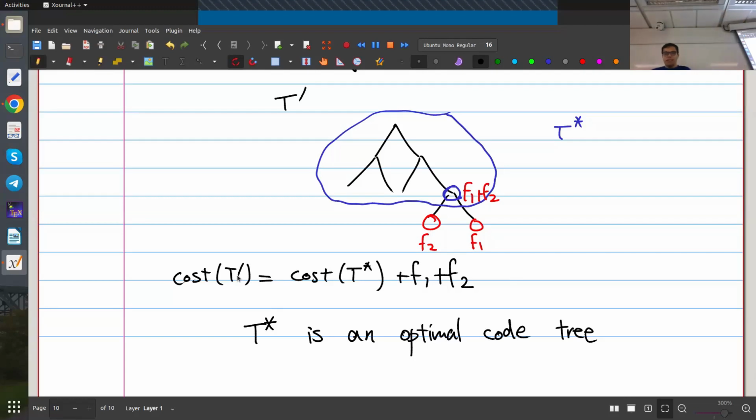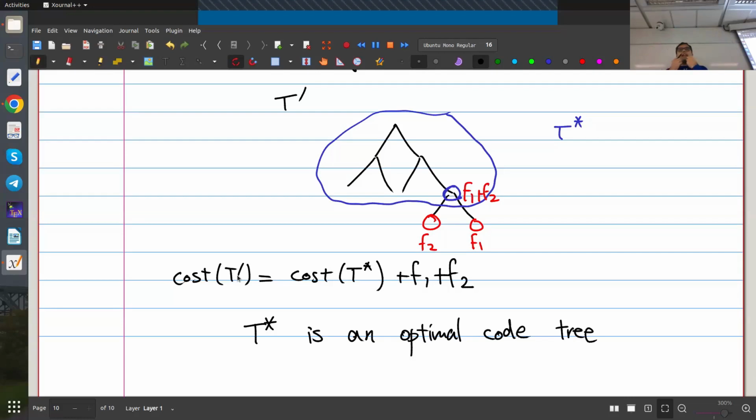Okay, so now I can just use induction on the number of letters that I have. Suppose that my algorithm always gives me the optimal tree for one letter. Well, I can prove that, the base case of the induction. Of course, for one letter I always get the optimal tree. For two letters, I always get the optimal tree.